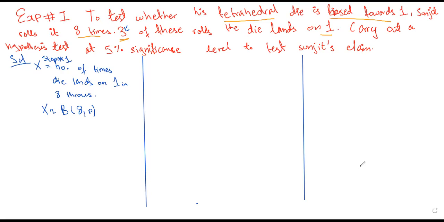No, no. Because here, this is a tetrahedral die which has 4 sides. So technically the probability of getting any side is 0.25, okay? Like this is something which happened in his case.